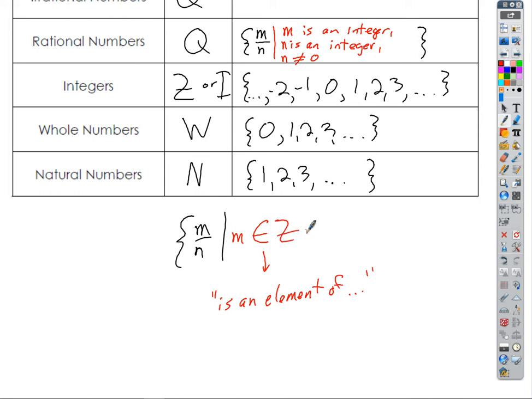Okay? And then we want to say all of these things at the same time. So in math, there's a tricky way of saying and. This is our symbol for and. That means literally and. So M is an element of the set of integers, and N is an element of the set of integers.